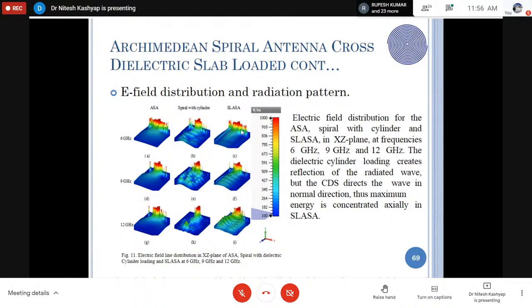Here at 12 gigahertz we don't have the concentrated electric field, but after the attachment of the slab we have the concentrated electric field. So the relative dielectric constant of the slab acts as a lens, and we are able to concentrate the whole electric field in one direction.